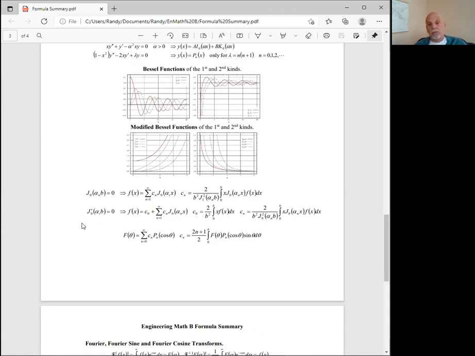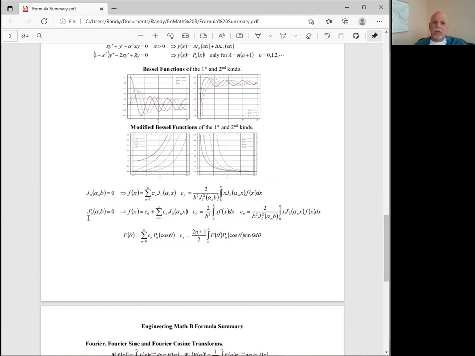Here's the Fourier-Bessel. Well, these two are the Fourier-Bessel series, really. And they depend on your eigenvalue generating relationship. So if this is your eigenvalue generating relationship, you use this expansion. We haven't got to this yet, but we will.